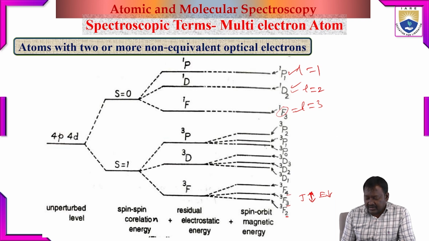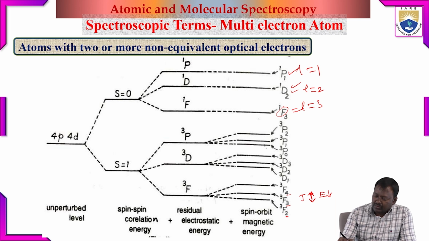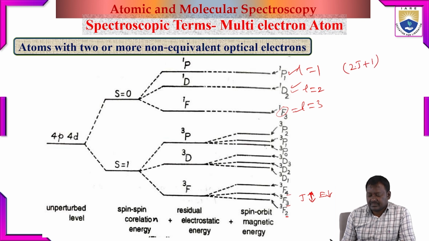And again here, each of these terms splits into individual spectral lines based on the J value into 2J plus 1 values. So if you calculate 2J plus 1 for all the spectral lines, you will get around 60 spectral lines, the fine structure of spectral lines.